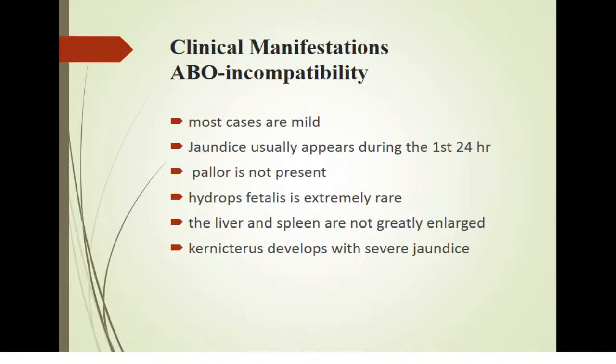The liver and spleen are not greatly enlarged, if at all. Jaundice usually appears during the first 24 hours. Rarely, it may become severe, and symptoms and signs of kernicterus develop rapidly.